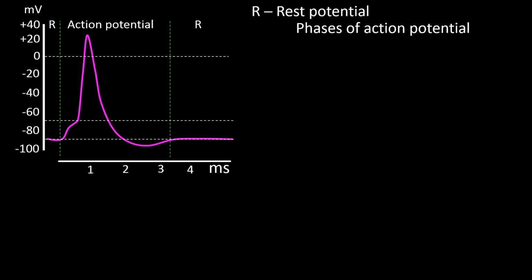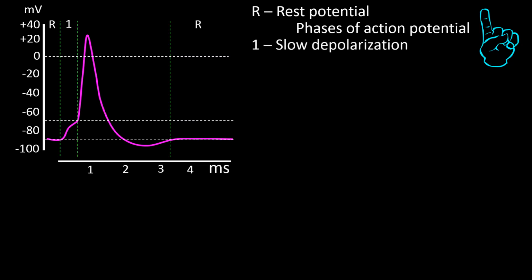The phases of an action potential are 4. The first one comes after the initial R, and it is called the slow depolarization phase. It results from the summation of excitatory potentials at the initial segment.